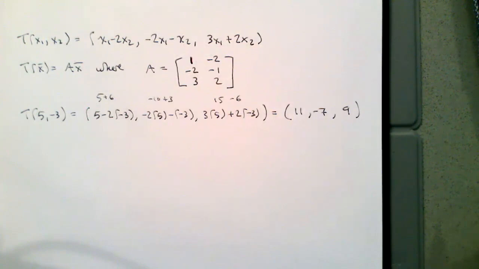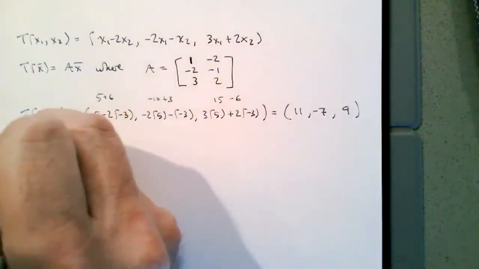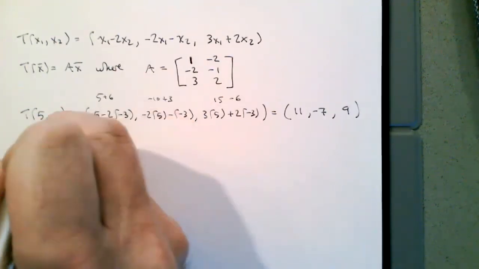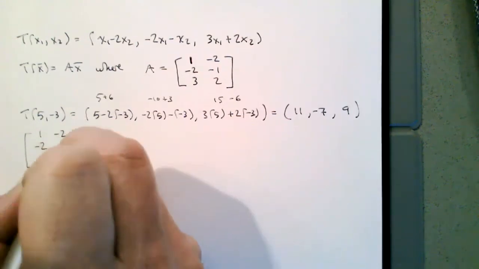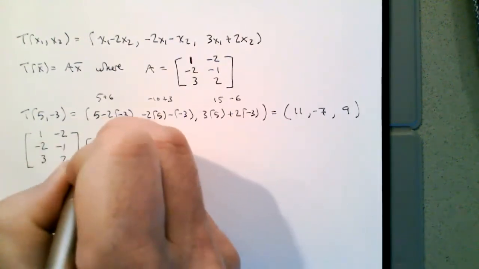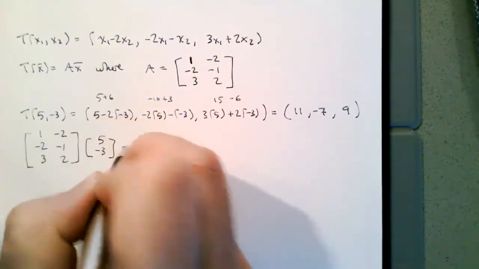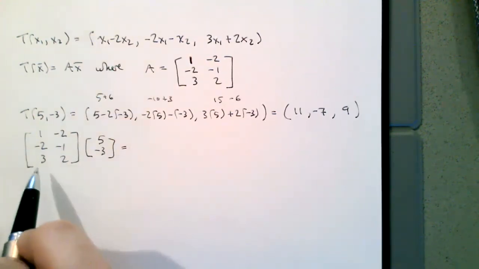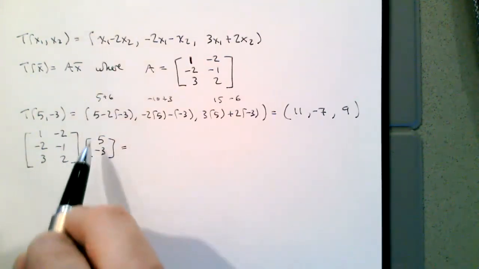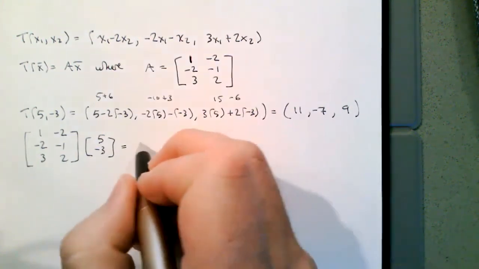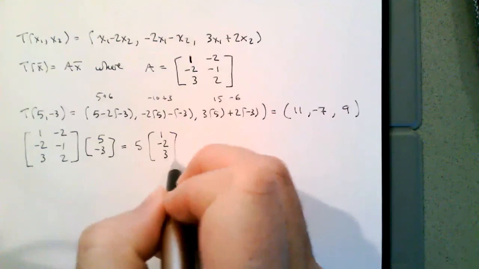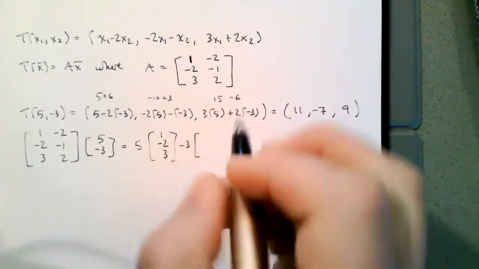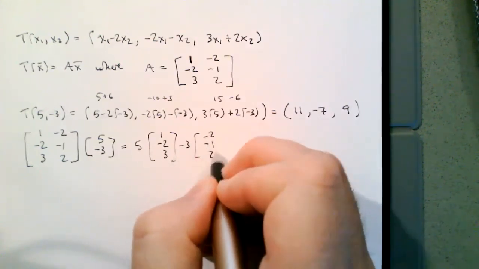Now let's multiply the vector 5, negative 3 by the matrix A. So if I take the matrix A, with its 1, negative 2, 3, and negative 2, negative 1, 2, and multiply it by 5, negative 3, I'm going to make a linear combination of the columns of the matrix A using the entries in x as weights. So I'm going to have 5 times 1, negative 2, 3, minus 3 times negative 2, negative 1, 2.